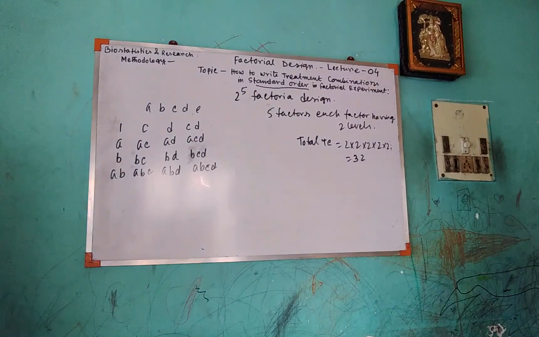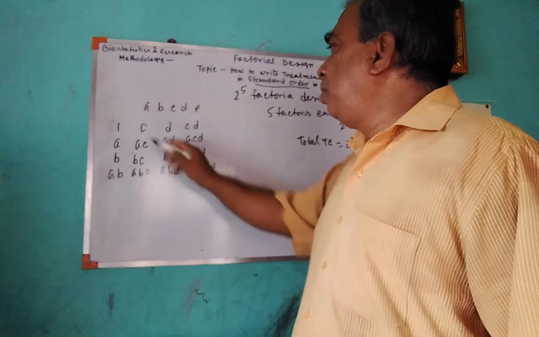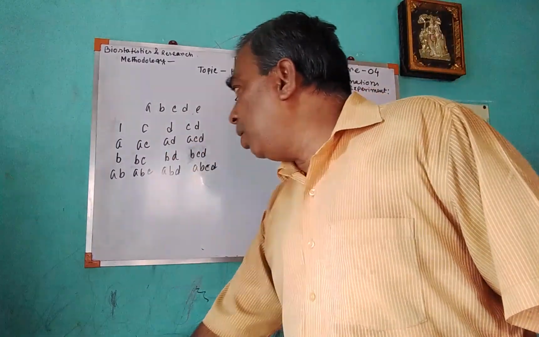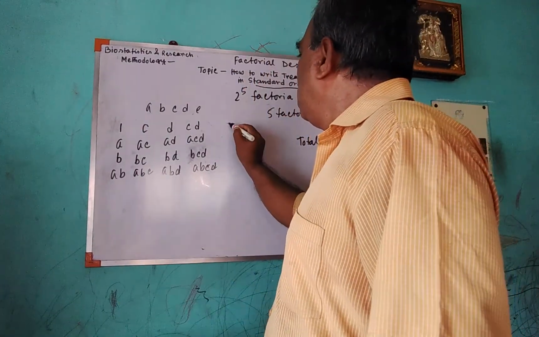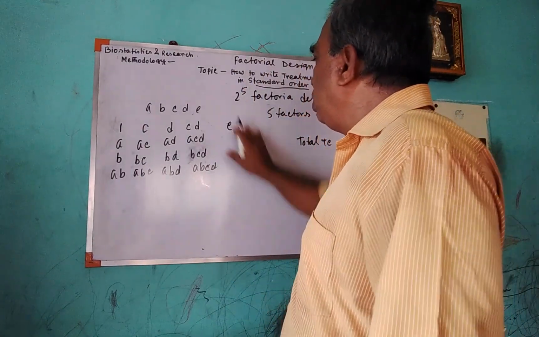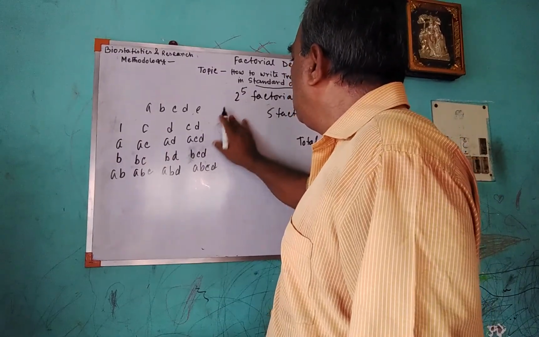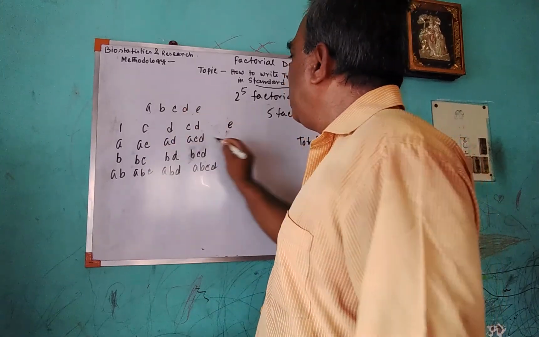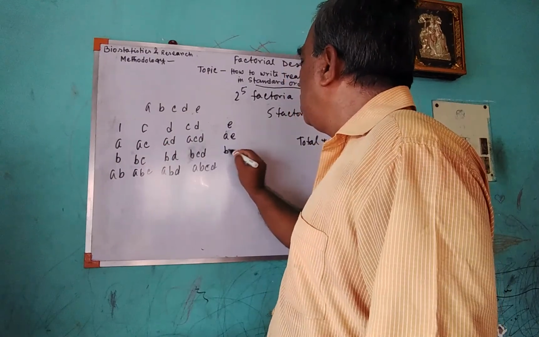Now the E factor will come. E into this, E into this, E into this. Just follow me. E into 1, that is E. E into A, that is AE. E into B, that is BE.